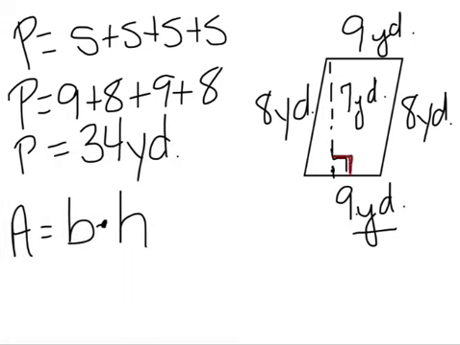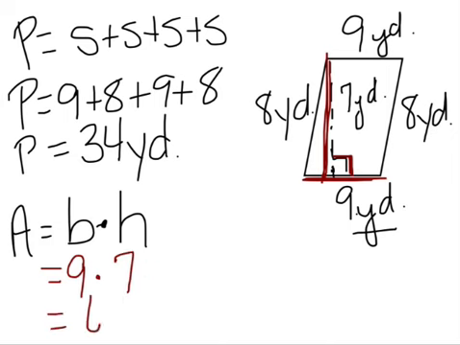When you have this little square right here, remember that indicates the right angle. So those are the ones that I'm going to multiply together. So my base is 9, it's down here on the bottom, and my height, how tall it is when it makes that right angle, is really 7. So 9 times 7 is 63 yards squared.